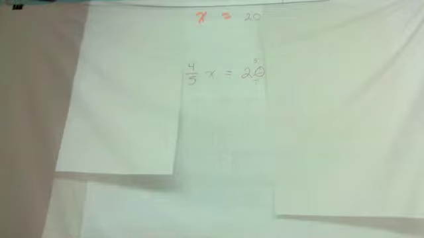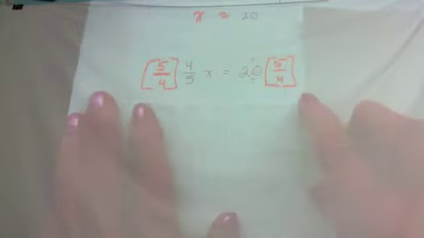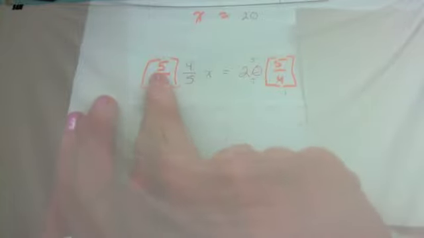Okay, hopefully you've worked this. We're going to undo multiplying by 4 and dividing by 5. We're going to do the opposite. So we're going to multiply by 5 and divide by 4. So if I do that to this side, I have to do the exact same thing to the other side. This I double check, those cancel and those cancel.